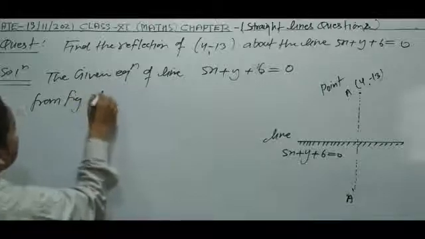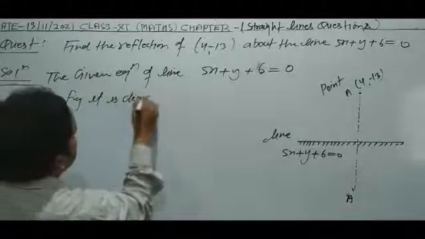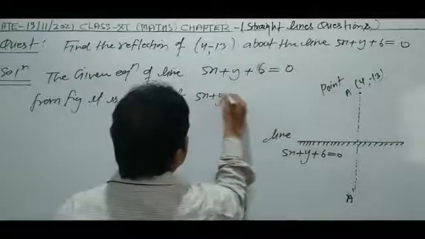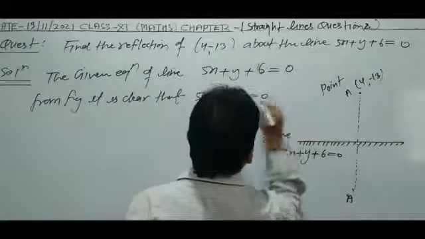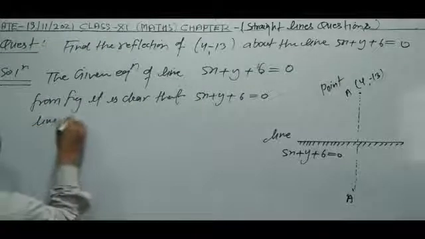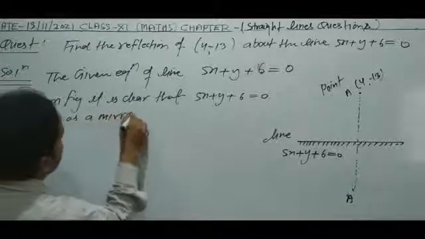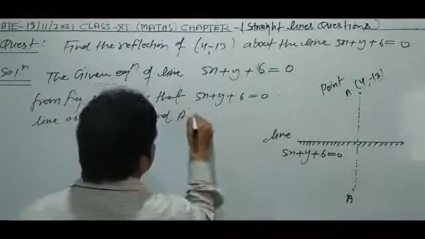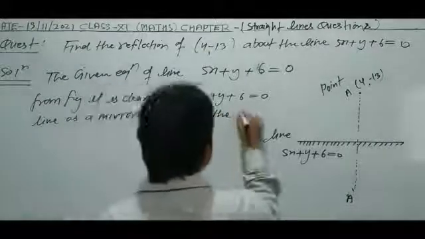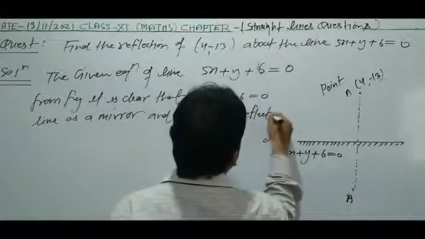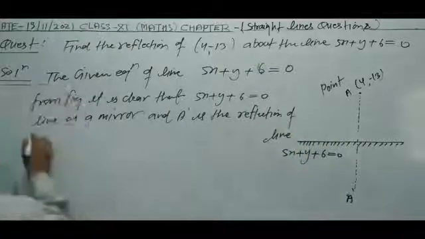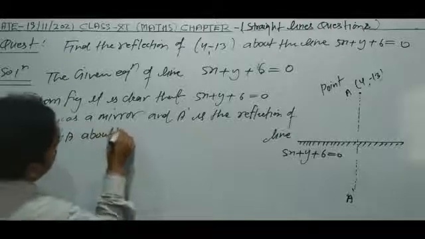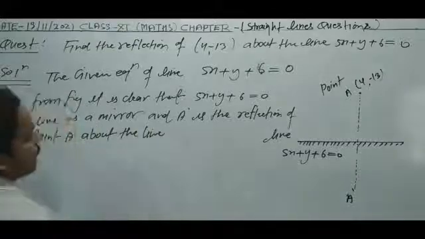From the figure it is clear that 5x plus y plus 6 is equal to 0 is the line acting as a mirror, and A dash is the reflection of point A about the line.